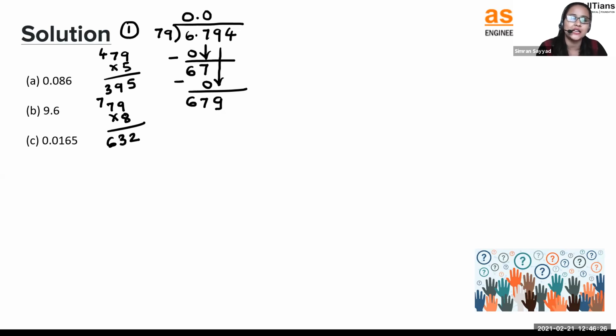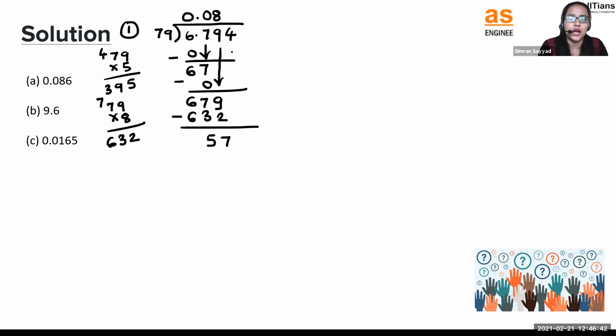So it is 632. Yes, it is somewhat nearer to that. Now you have to subtract them, and here you get 5.